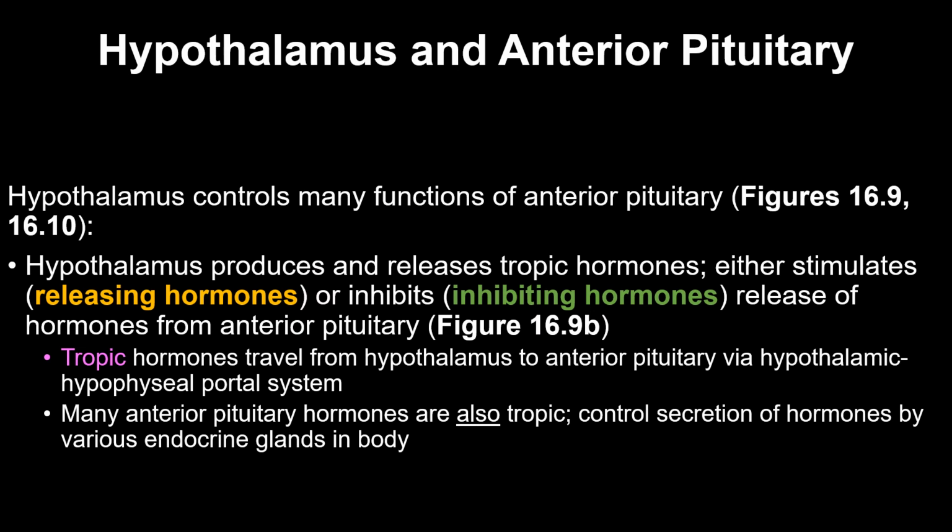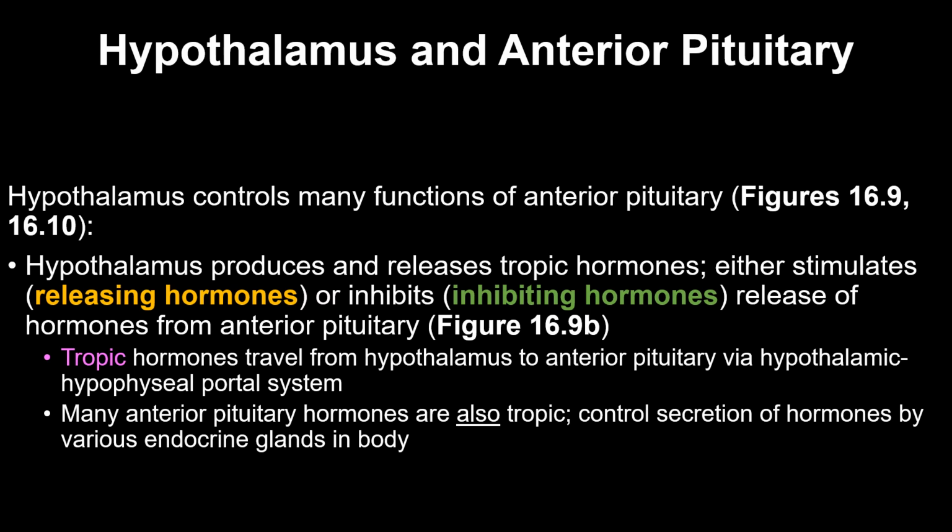Now, the hypothalamus is going to control many of the anterior pituitary gland's functions through the production and release of tropic hormones that are going to affect how the anterior pituitary gland secretes its own hormones. These hormones from the hypothalamus are called releasing and inhibiting hormones because they either stimulate or inhibit the release of hormones from the anterior pituitary.